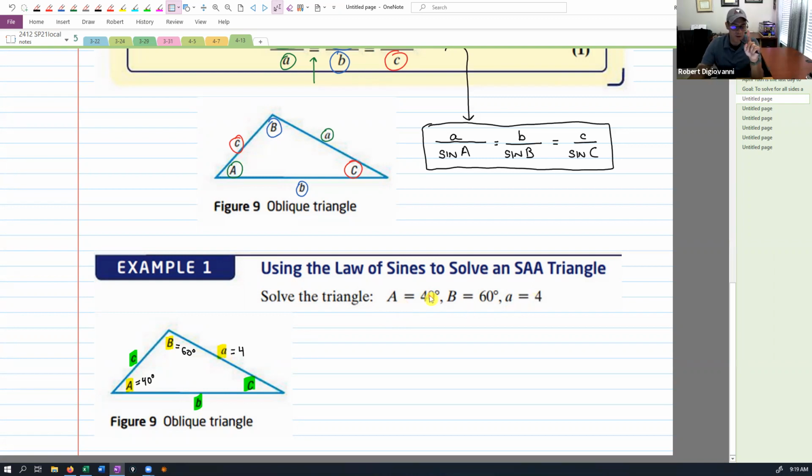What I'm saying though, before we do that, is there anything that we can just say right now we know the value of without even using the law of sines? And Anna Marie, I think you said capital C, but you never said what about capital C? We could figure out what it is, right? Yeah, how? By adding up A and B and subtracting it from 90.